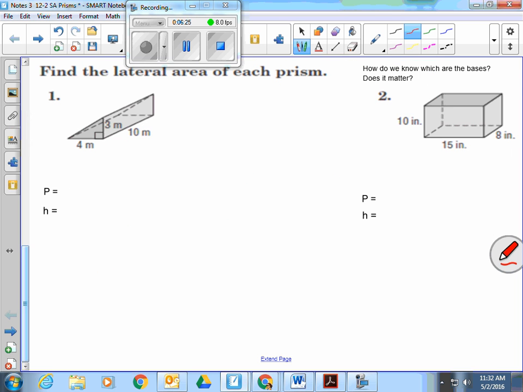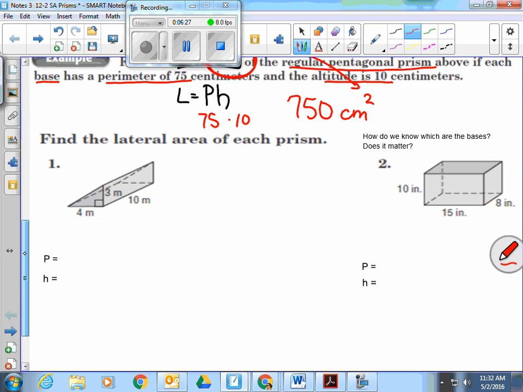Now, one of the problems that you're having is that you don't know which formula to use. So you have to know what these shapes are called. So on number 1, somebody tell me, what is it made mostly out of? Rectangles or triangles? Rectangles. How many rectangles are there? 3. How many triangles are there? So it's made mostly out of rectangles. If it's made out of rectangles, what do we call it?